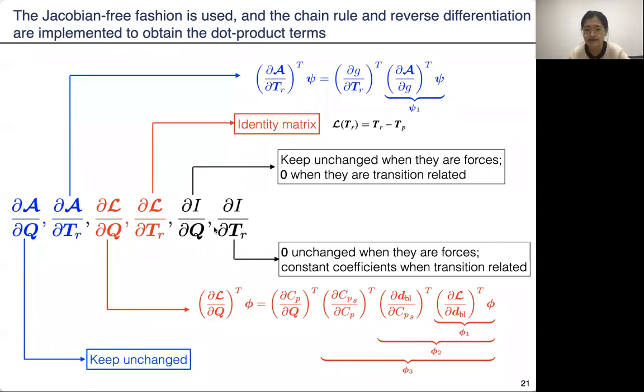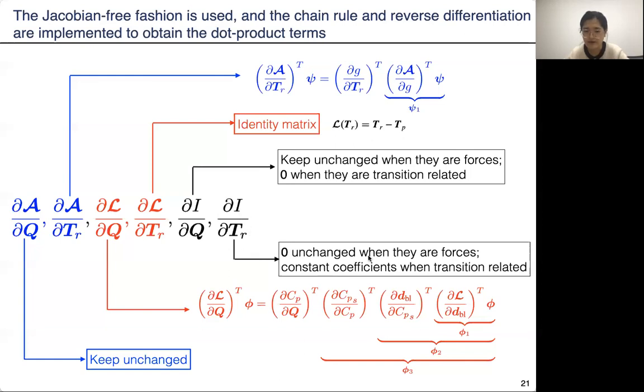For the right-hand side, it is the objective function or the constraints with respect to the state variable. So for this term, when the objective function or constraint is related to the force coefficients, it keeps unchanged. But when they are related to the transition locations, it is a zero vector.